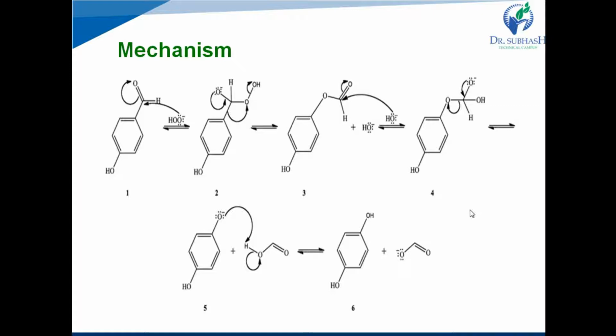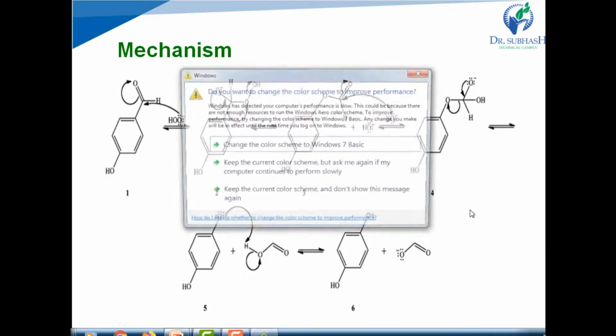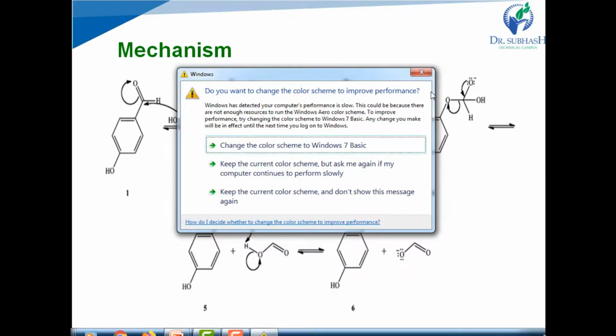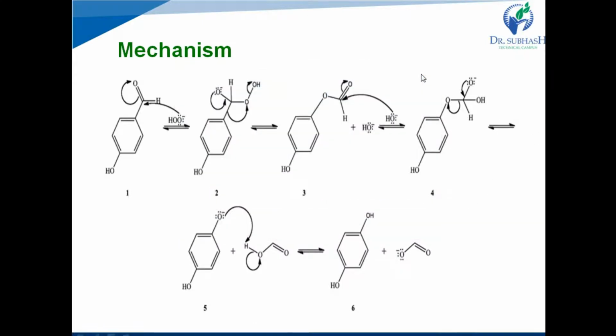Right? See, in structure 2 there are 3 changes that occur. Removal of OH group, right? Arrow shows removal of OH group. OH group will be eliminated in the form of OH minus, and simultaneously phenyl ring migrates to the oxygen. Whole ring migrates to the oxygen from the carbon. And third one is formation of pi bond between carbon and oxygen.